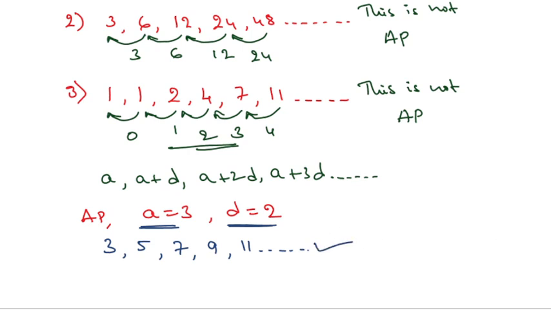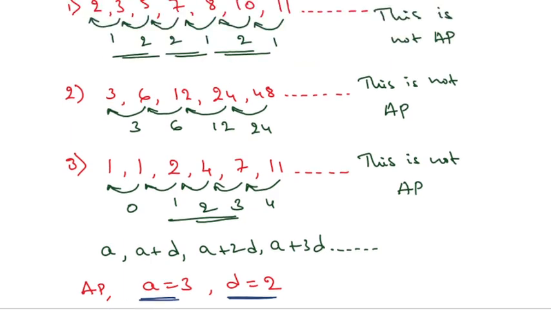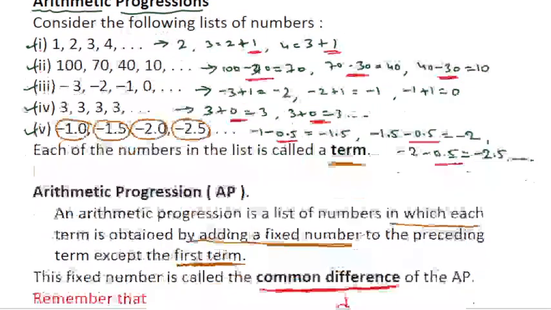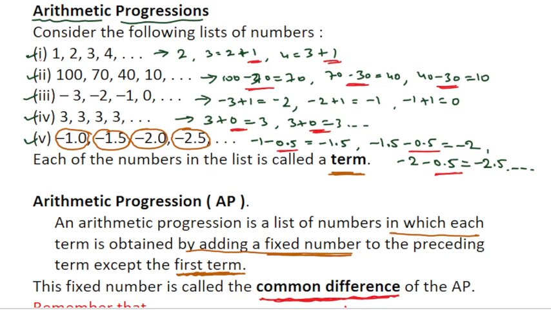And also if you know the arithmetic progression, then you should be able to identify the common difference and the first term. Here in the second example, if you consider 100, 70, 40, 10, then you can easily say that the first term is 100 and the common difference d is 70 minus 100, that is minus 30.